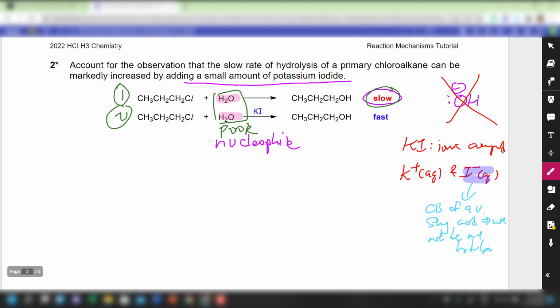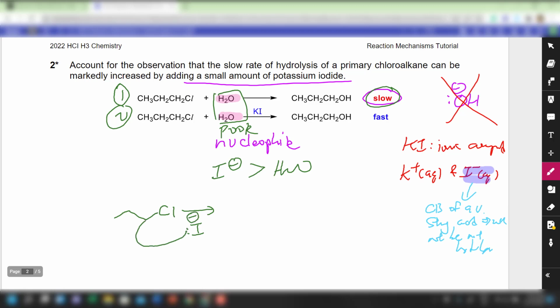The reason why the second reaction becomes fast is because I expect iodide to be a stronger nucleophile than water. So when I add in iodide, the iodide will perform a nucleophilic attack on the carbon bearing the chlorine.